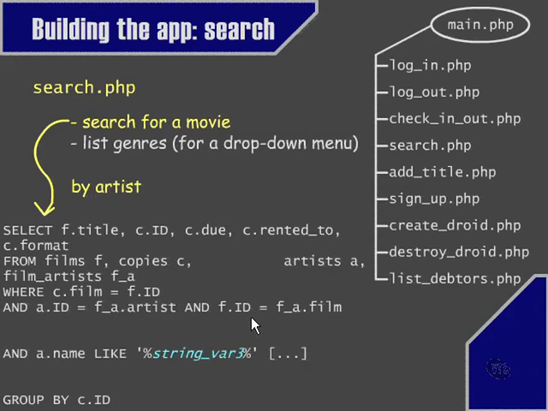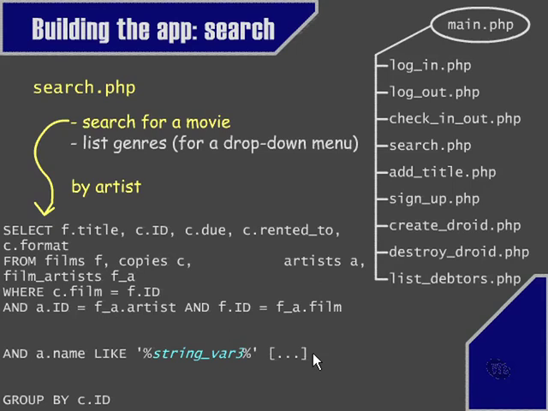Here is another subsection of the query which shows that we're searching here on the films table, the copies table, the artists table, and the bridging film artists table. The connections are made here, once again between the films table and the copies table, between the artist and the film artist table, and between the films and film artist tables.